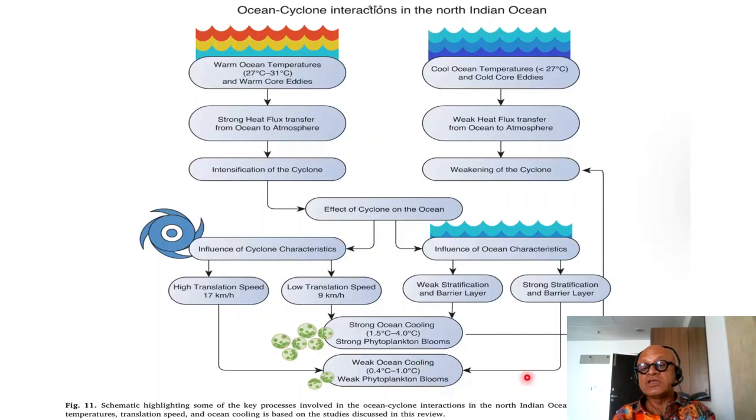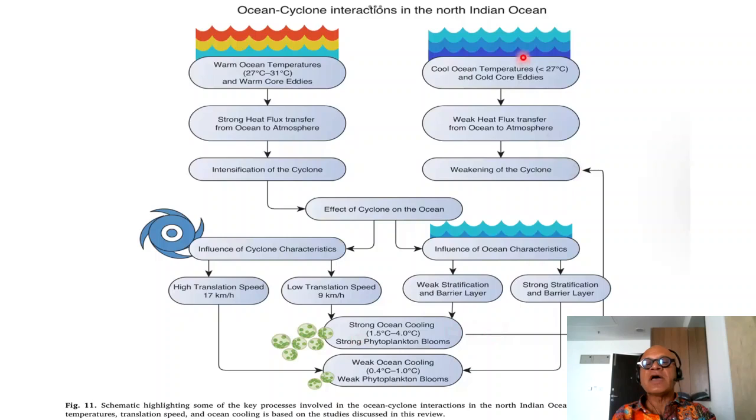Okay, so the effect of cyclone on the ocean also comes through the influence of the ocean characteristics. So weak stratification and barrier layer in the Bay of Bengal, for example, would lead to strong ocean cooling, and a strong stratification and barrier layer would lead to weak ocean cooling and corresponding chlorophyll responses.